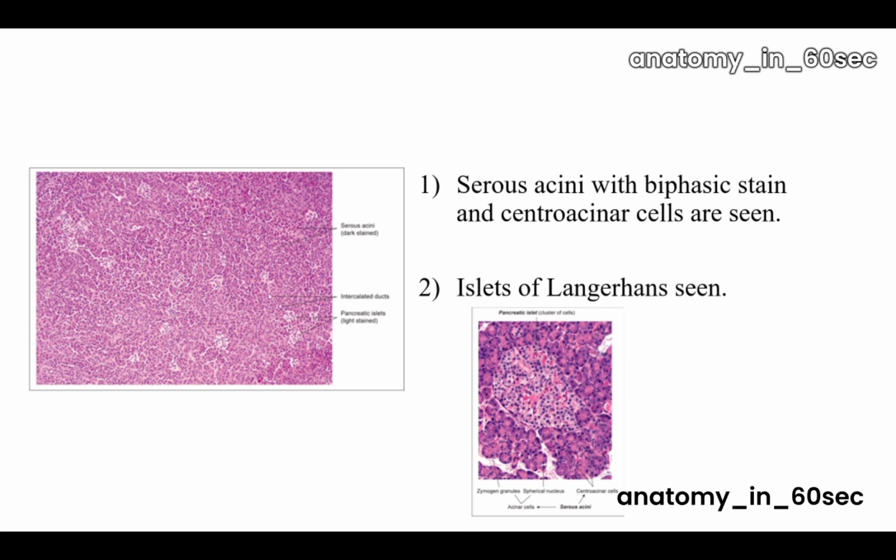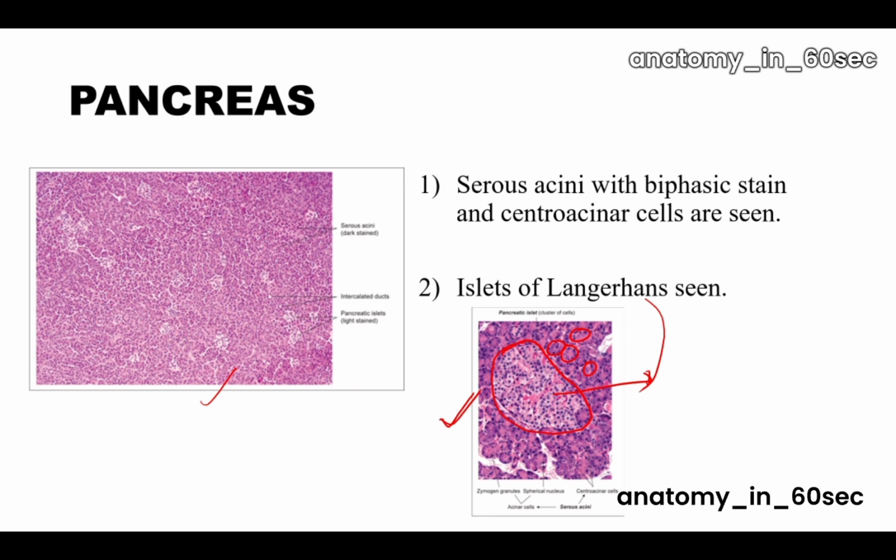It is the pancreas. In the pancreas we will be seeing islets of Langerhans cells. These islets of Langerhans cells are light stained, whereas the acini around them will all be dark stained. So this is the high power view, but in the exam they will give this view. So you have to identify the beta cells to identify the slide of pancreas.